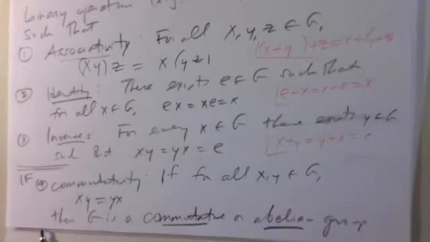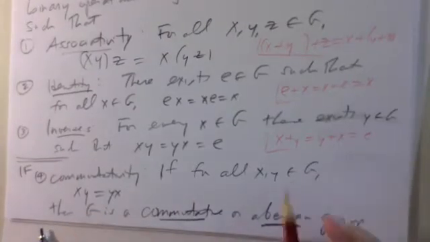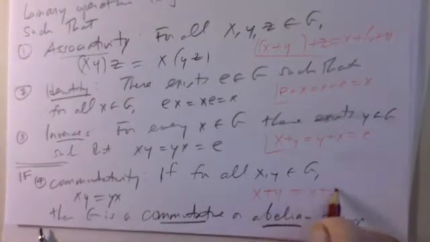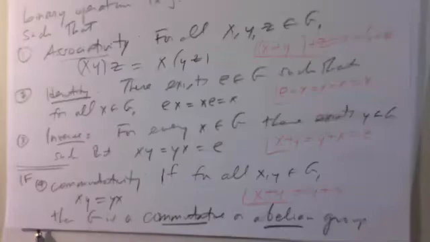So if this additional property is satisfied, the group is abelian. If you write this condition in additive notation, it would say that x plus y equals y plus x for all x and y in the group. Okay. Any questions about this?